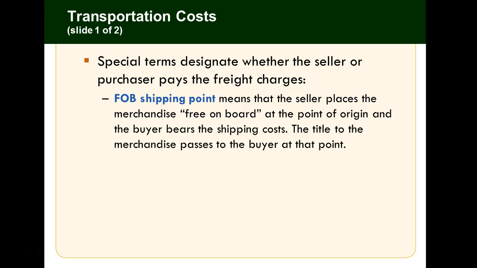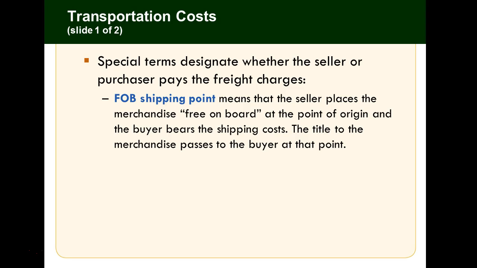Whenever we're dealing with merchandise, there's usually shipping involved. Someone has to pay the shipping. So when we see the terms FOB shipping point, what that means is free on board at the point of origin.